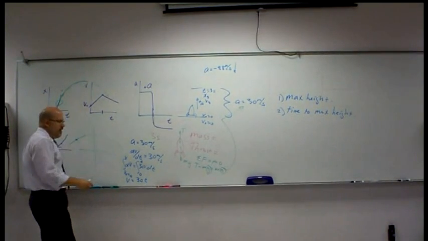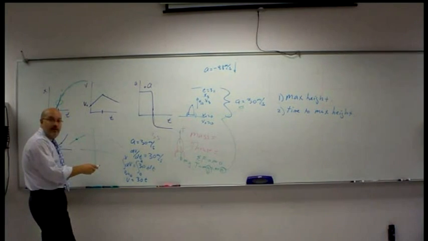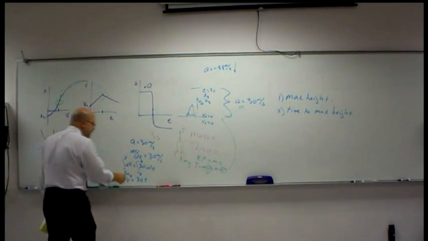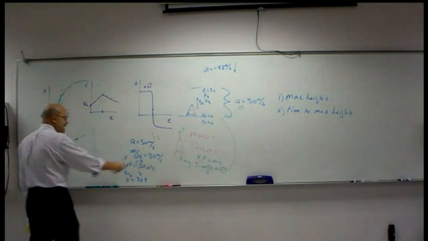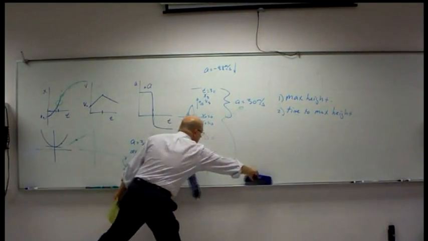Okay. Now, by the way, everybody, don't be confused. Well, here, let's just do the next part then. So that tells you the velocity at any time from 0 to 3 seconds, right?